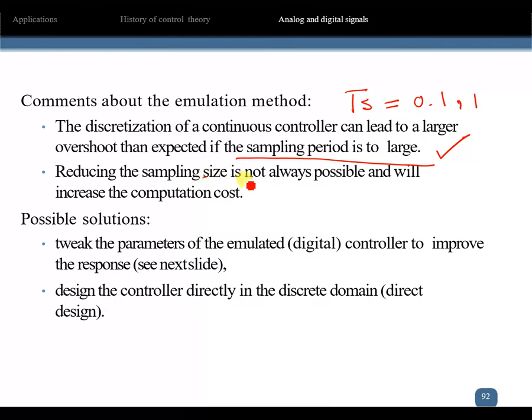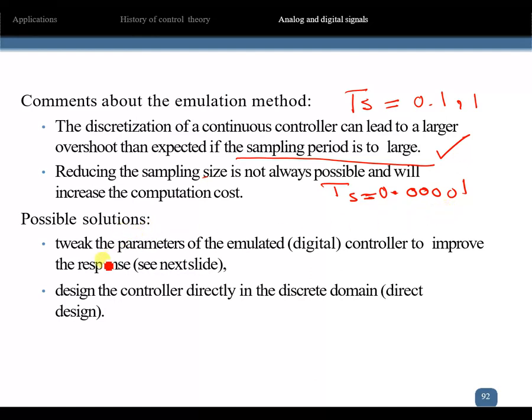Reducing the sample size is not always possible and will increase the computation cost. And you cannot put Ts equal to 0.000001. This increases the computation time and increases the USB capacity of the storage for all the information.